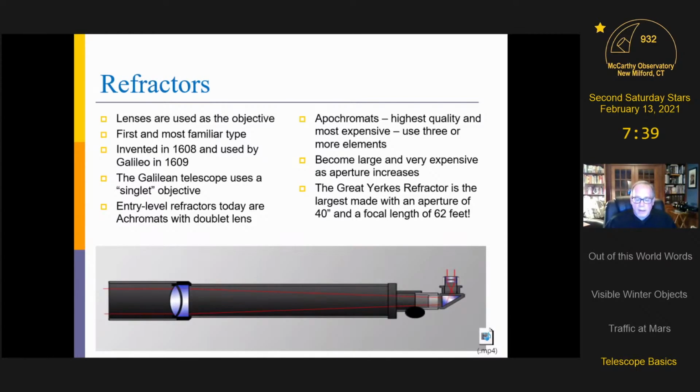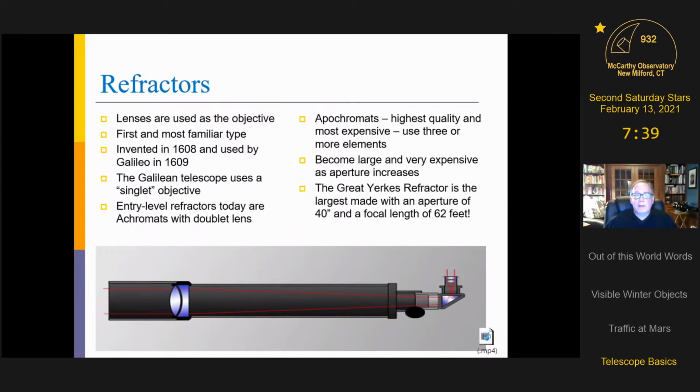But with that, he was able to create an instrument that could magnify things up to 30 times. And he was able to see the four moons of Jupiter. He was able to see mountains and craters on the moon, rings of Saturn, and the Milky Way. Revolutionized astronomy at the time.